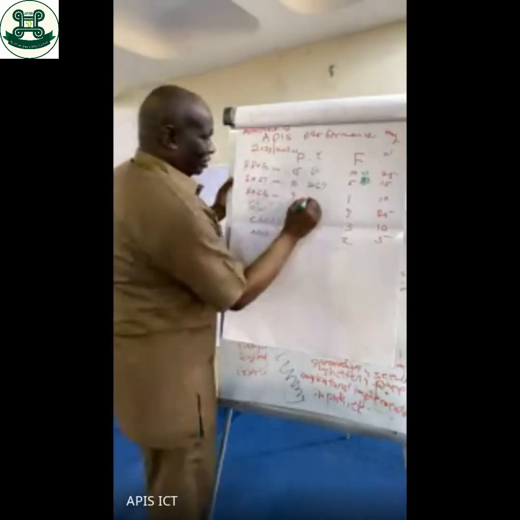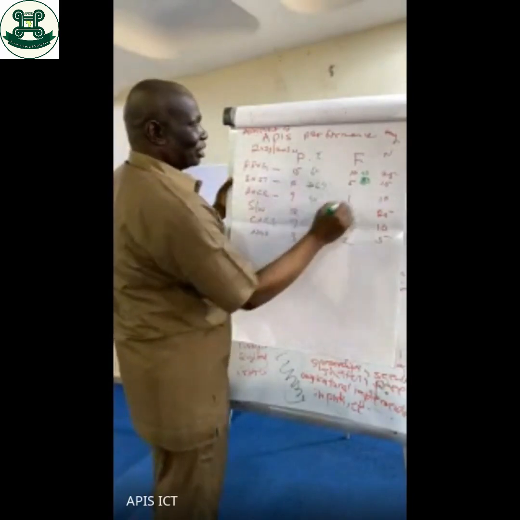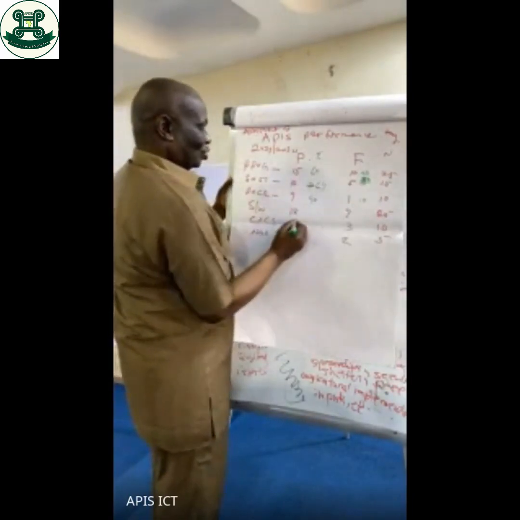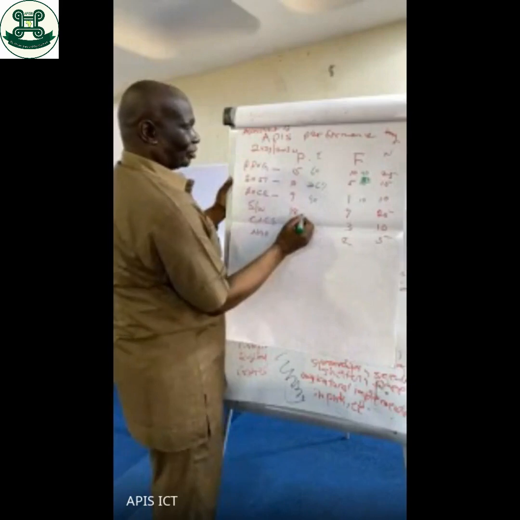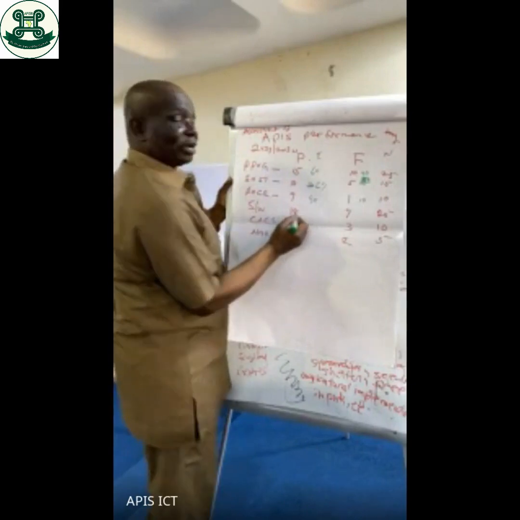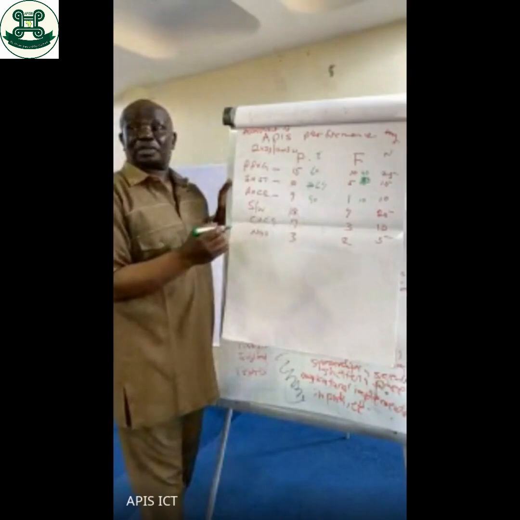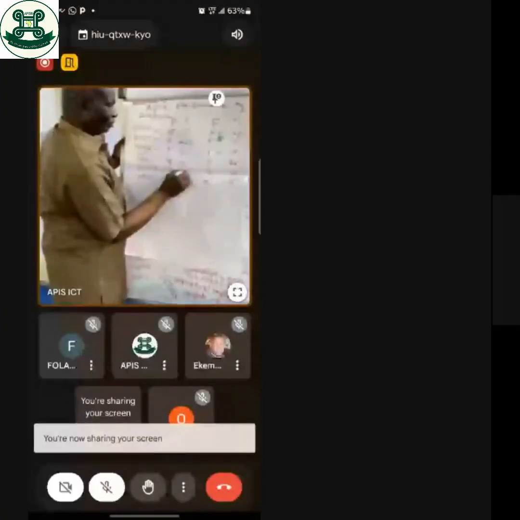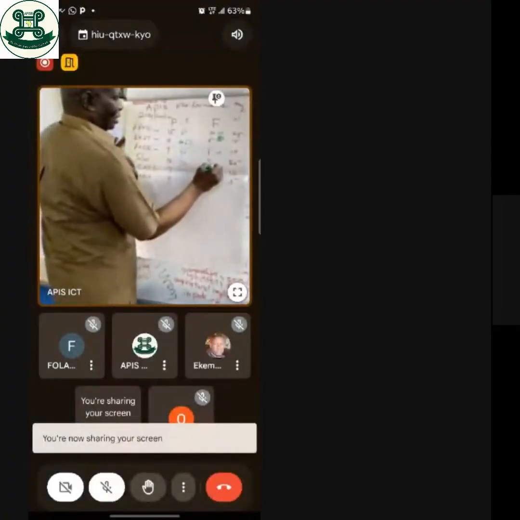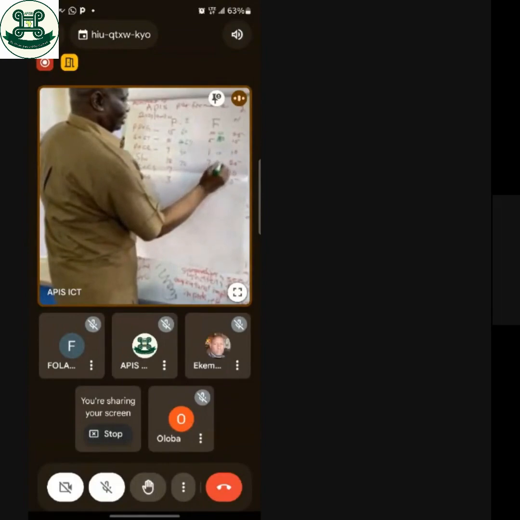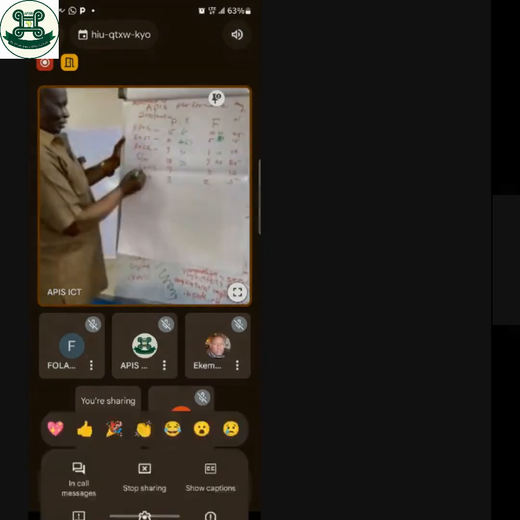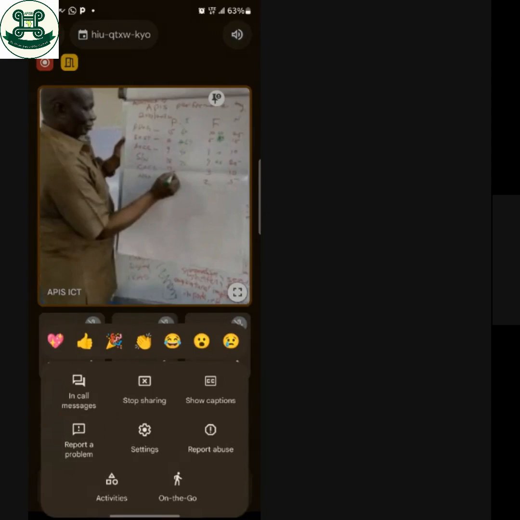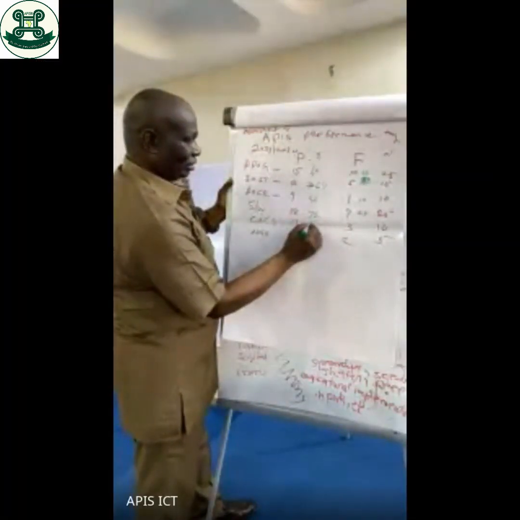Then this one is what? 90. This one is what? 18 over 25 by 100. Calculate. 72. Then this one, what? 28. This one, 70, right?